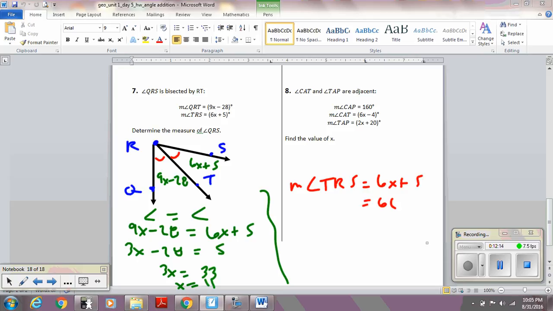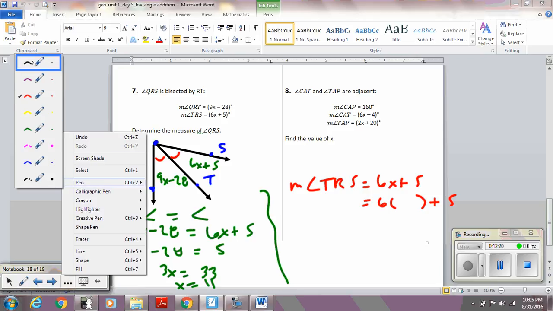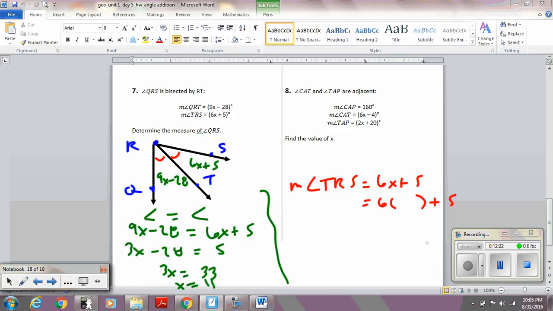So that's 6 times 11 plus 5. 6 times 11 is 66, plus 5 is 71. So this is equal to 71. That means this will also be equal to 71.